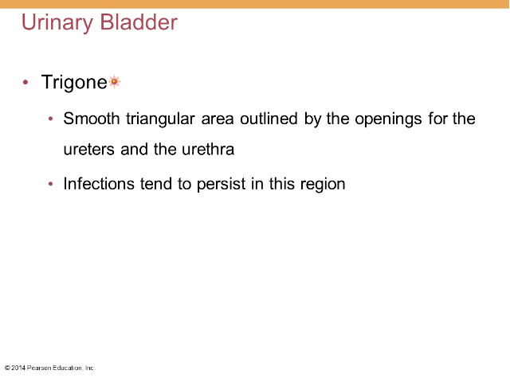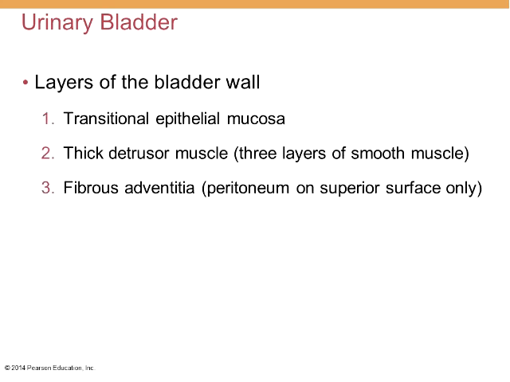Now, it has a region inside called the trigone, like a triangle. It's a triangular area outlined by the openings of the ureters and the urethra. And if you have an infection in the bladder that is persistent, this is where the infection tends to be located.